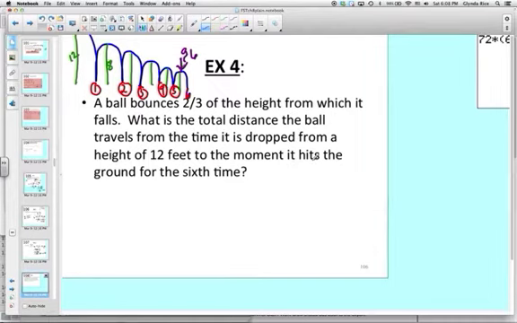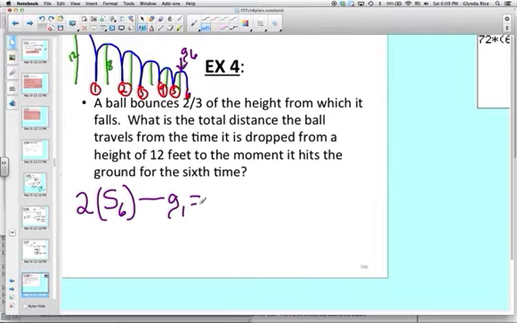Here's the way I propose we do it. We want the sixth sum, so we want S sub 6. But we need to multiply it times 2 because it went up and down each time, but we need to subtract the first term, G sub 1, because it only came down from there.